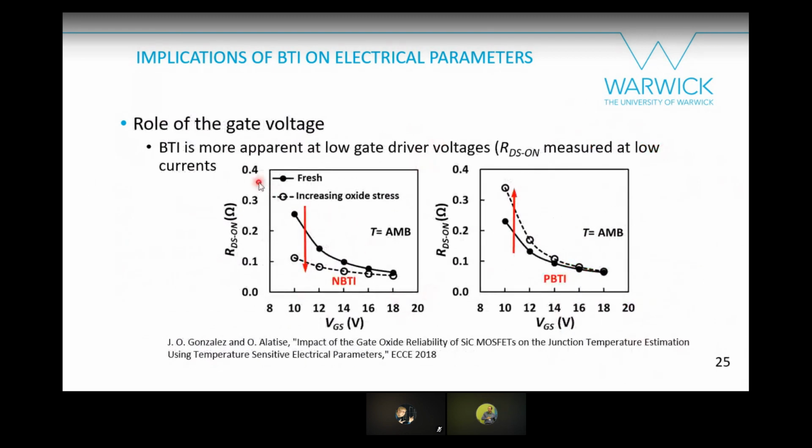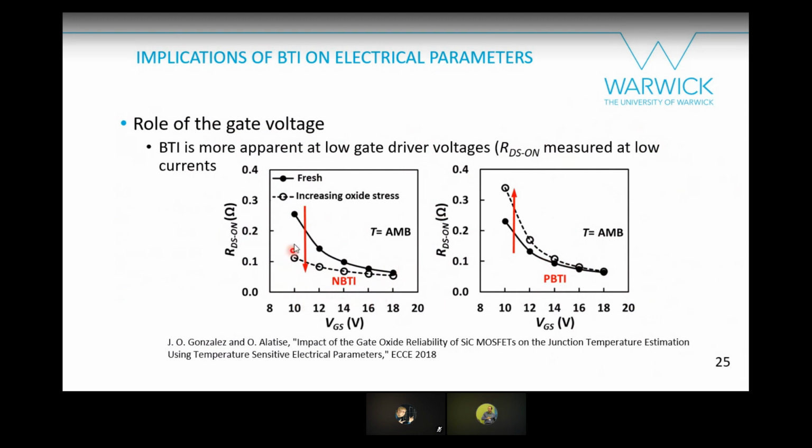So let's analyze the impact of the gate voltage on the on-state resistance. We just measure the on-state resistance at low currents as a function of the gate voltage for an unstressed device and for a stressed device. And you can see that when you're biasing the device with 18 volts, the impact of BTI on the on-state resistance is not considerable, probably around 5%, something like that.